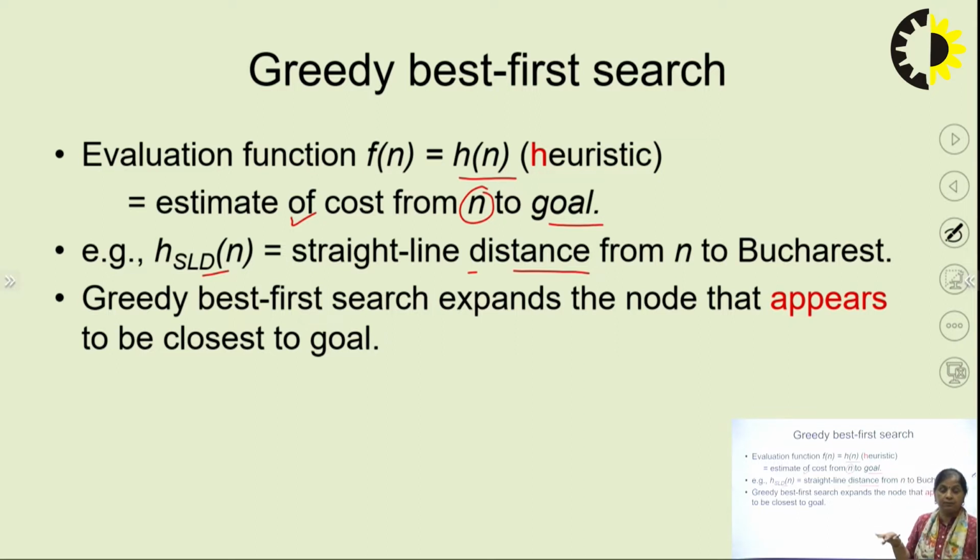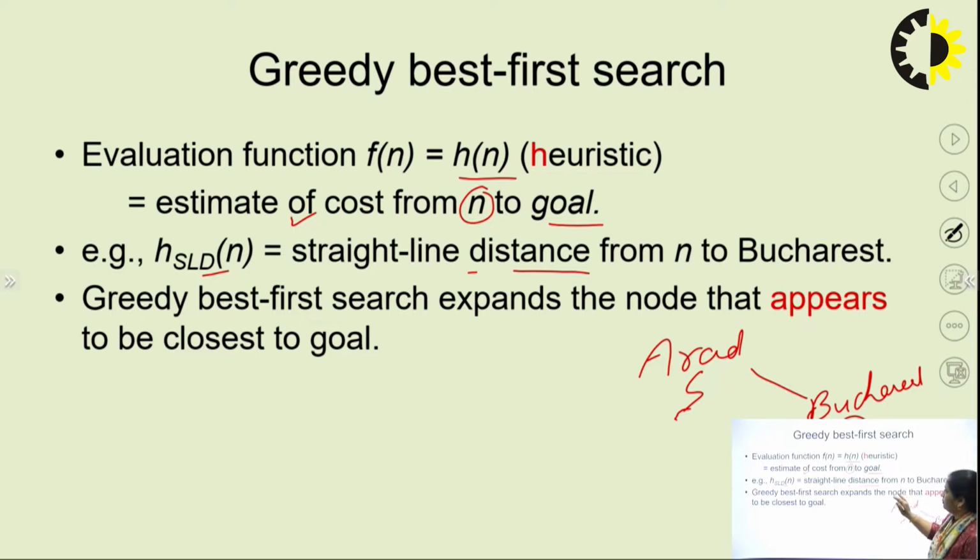Now let me explain what type of problem I am going to take. In this lecture, I am taking the Romania map, where I have to go from my current city, Arad, to Bucharest. This is my source and this is my destination. I will show the map on further slides. One heuristic in this example is hSLD, the straight line distance from n to Bucharest, which is my destination.